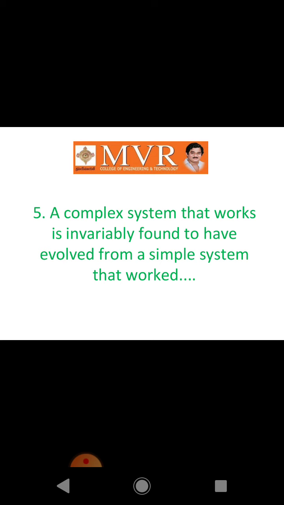Yes, any complex system is derived from the basic system only. That means a simple system only. From simple system to next level, and the next level, finally it will reach the complex system. So these are all 5 attributes to say a system is a complex system.